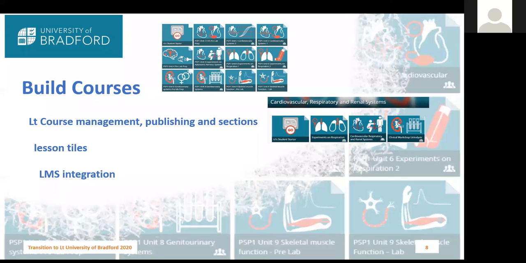We were late to LT, so we missed our Canvas integration out. Canvas was a new LMS to the university at that time, and academics were busy learning Canvas, and we felt that it was probably too much of a burden to add an extra layer whilst we were learning this new system. So we opted not to do that. Hopefully we'll switch it on this year.